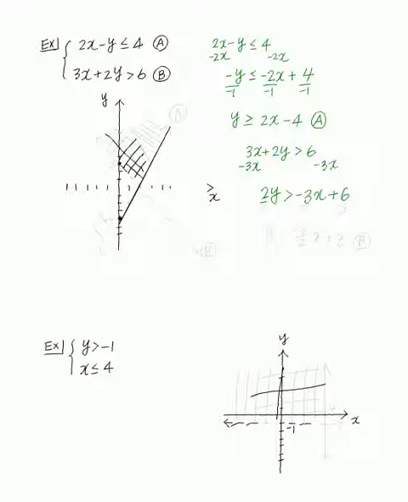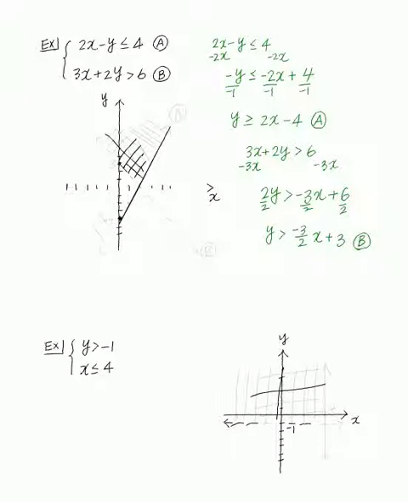And I'm going to divide through by 2. So y is bigger than, I don't need to switch the sign because I'm dividing by a positive value, negative 3 halves x plus 3. And that's my inequality B.